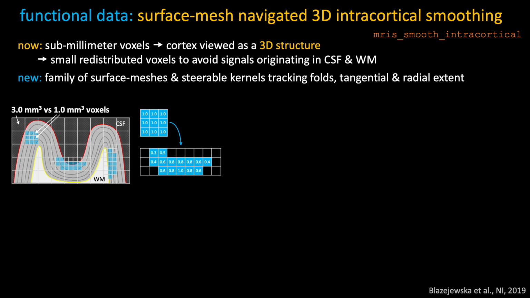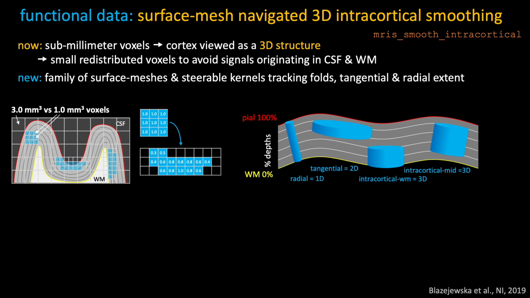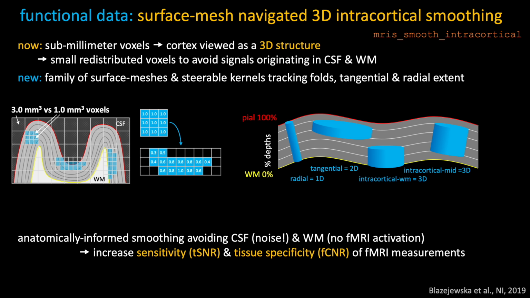So we propose to use this family of surface meshes that we've been talking about to create these steerable kernels that will track the folds of the cortex, but will also be flexible in terms of their tangential and radial extent, so we can parameterize that. So you can have these stick kernels, we can have pancake kernels, and we can have these intracortical kernels.